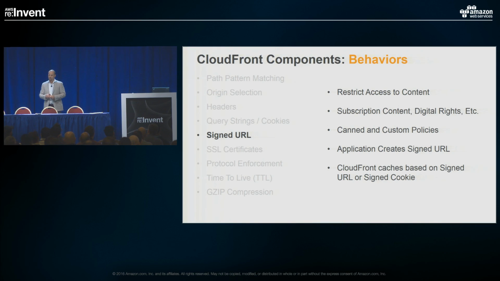You can set up a signed URL using one of our canned policies or a custom policy, and your application server sets that signed URL and sends it back to the user, and then the user sends that to CloudFront. We look to see if it's valid, and then we'll send the content back. We cache based on that signature, and we use that signature as the cache key as well. That cache key will expire as soon as that signature expires.